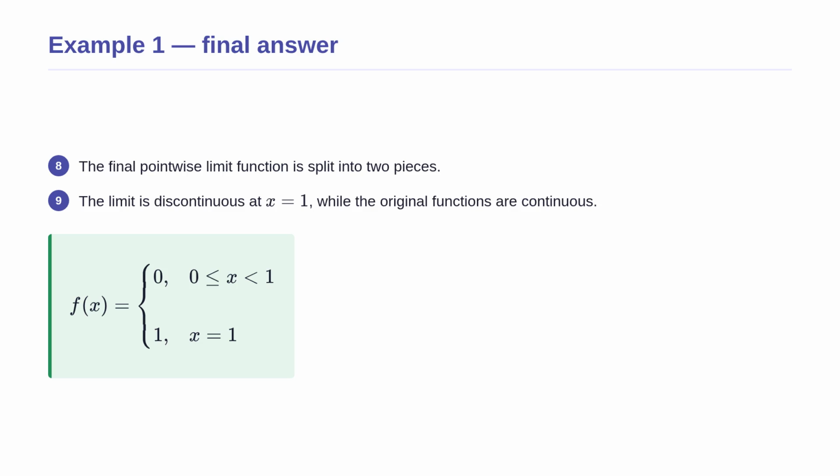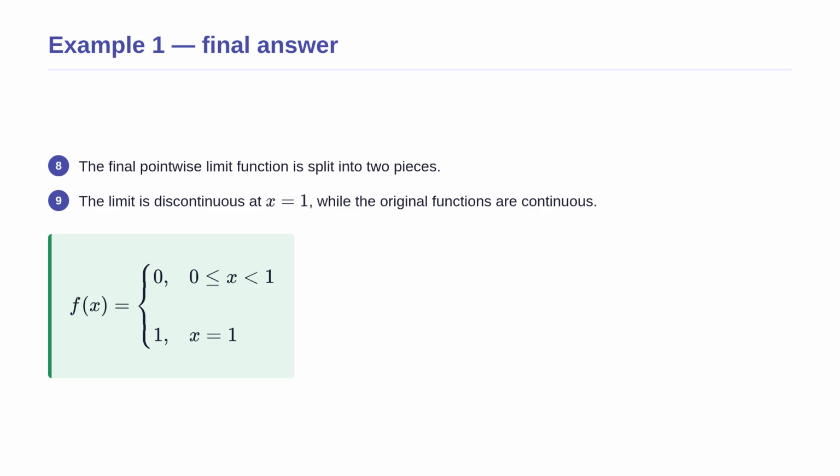This brings us to the final result for this sequence. The piecewise formula shown represents the final pointwise limit function we have just discovered. Notice that while every individual function in our starting sequence is a perfectly smooth, continuous curve, our final limit function is broken and discontinuous at x equals 1. This sudden, sharp break is a massive red flag in mathematical analysis.